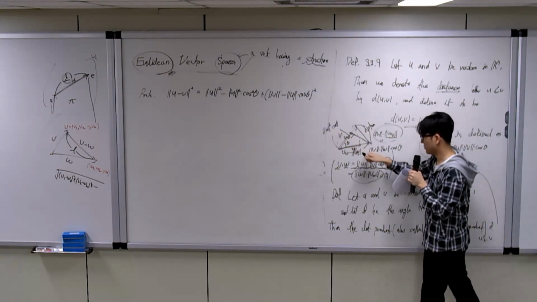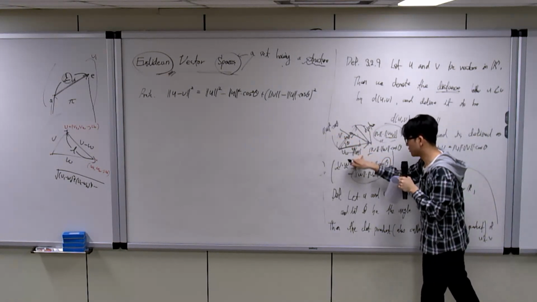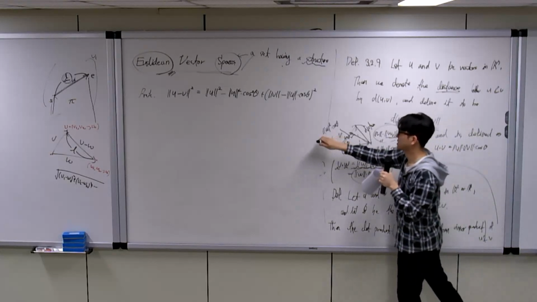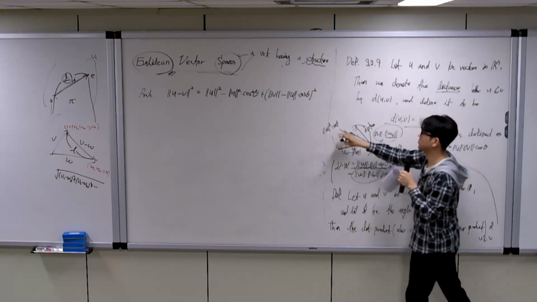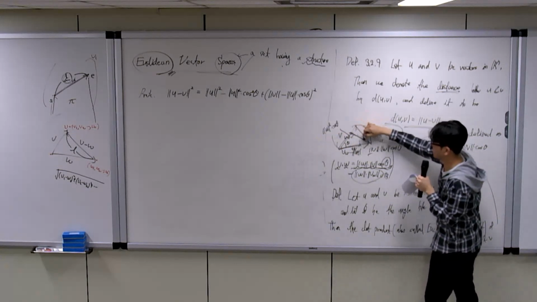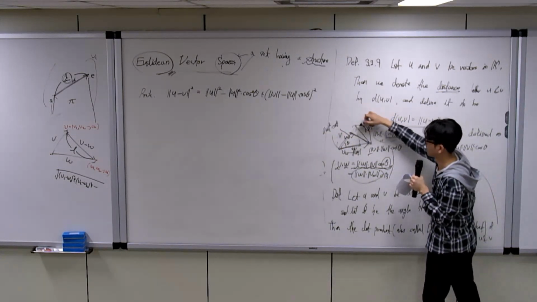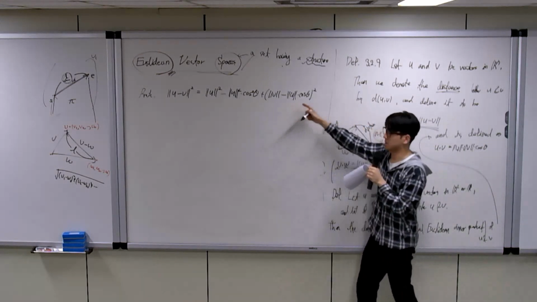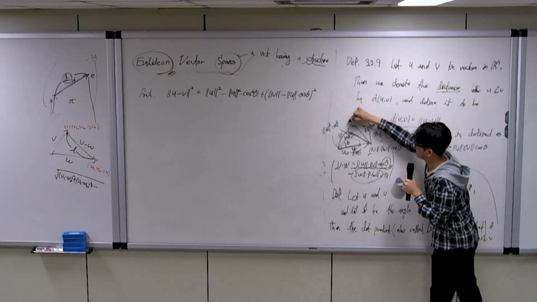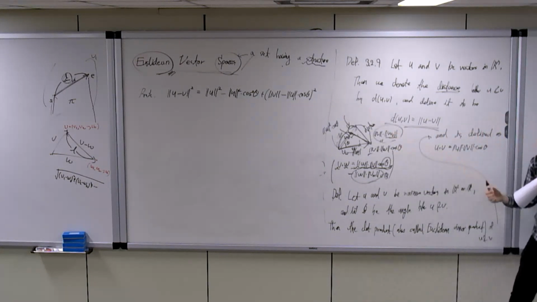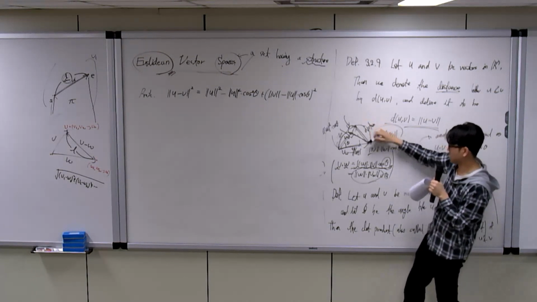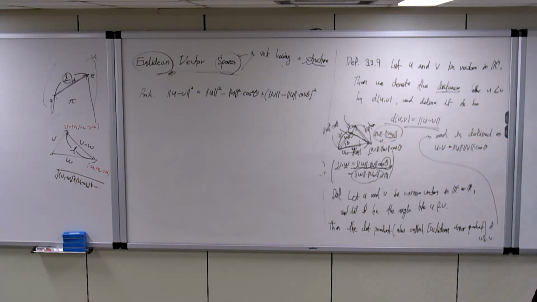Calculating the norm of u squared minus the norm of u cosine theta squared will give this length, and by calculating the square of the length of v minus u cosine theta, then it will give, I will use a different color.